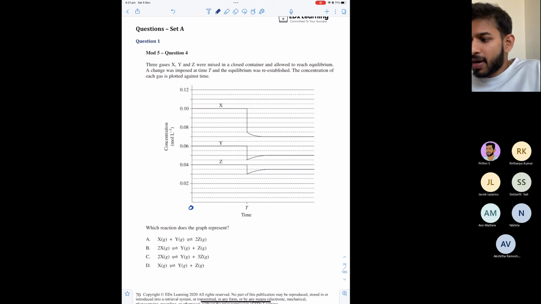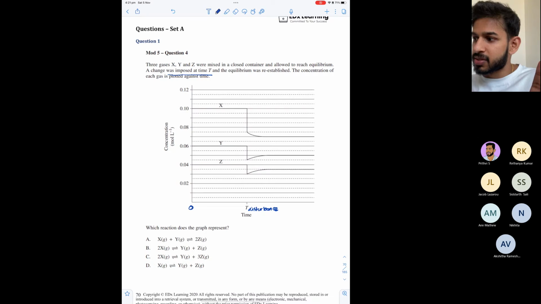Now, whenever you're analyzing a concentration time graph, I want you all to remember this. There are 2 parts to the concentration time graph, right? Whenever we make a disturbance, there are 2 phases of change. And a disturbance was made at time equals t. And if you read the question, it should tell you the disturbance.